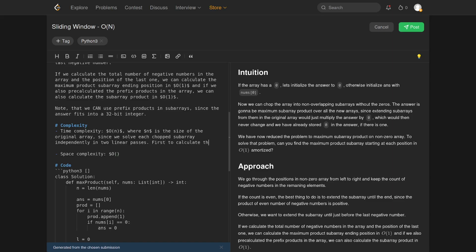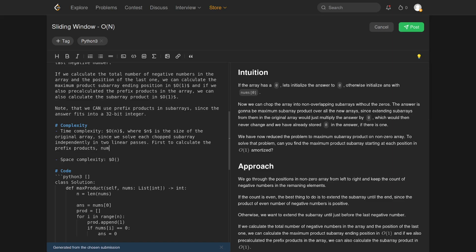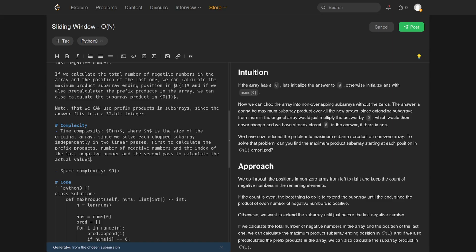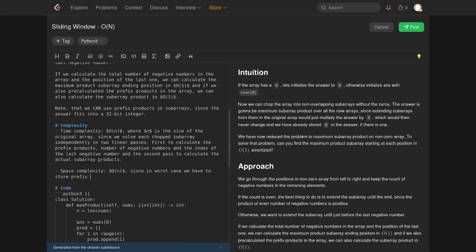First, to calculate the prefix products, number of negative numbers and the index of the last negative number, and the second pass to calculate the actual subarray products, and that's O(N), since in worst case we have to store prefix products for the entire original array.